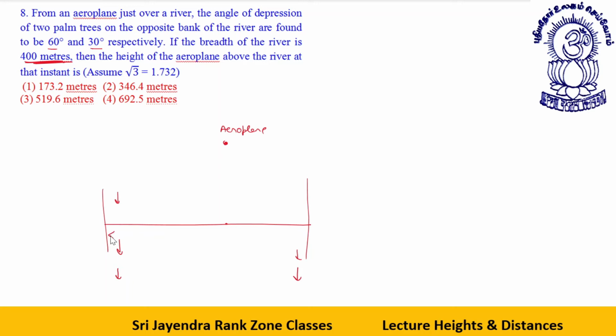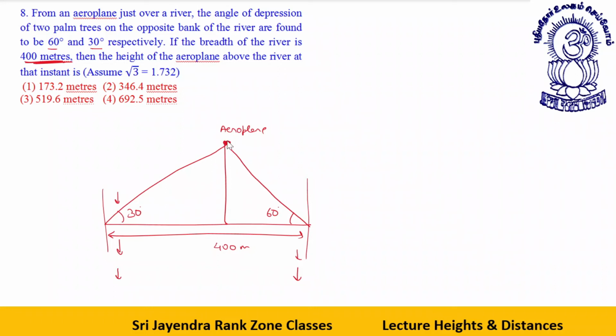This distance is given to you as 400 meters. The aeroplane is located above this. On one side this angle is 30 degrees, on the other side this angle is 60 degrees. Clear? 30 degrees and 60 degrees.